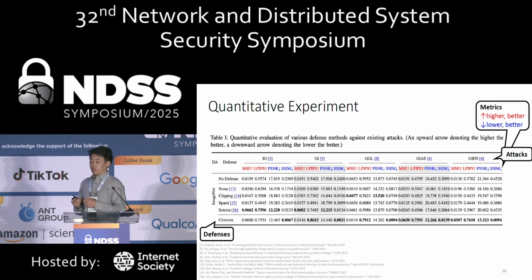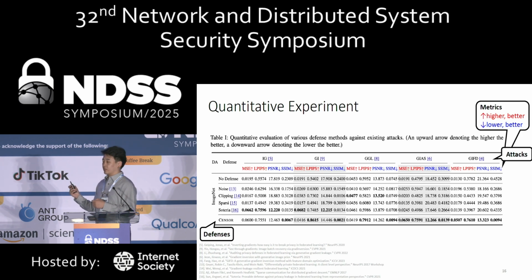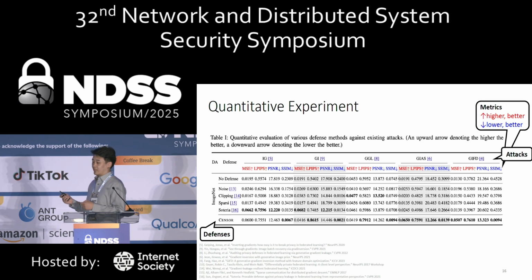Each row is a different defense, and the last row is our method. Each column is a different state-of-the-art attack, and each sub-column is a metric. For MSE and LPIPS, higher is better for our defense. For PSNR and SSIM, lower is better.